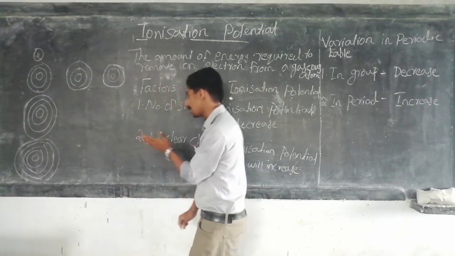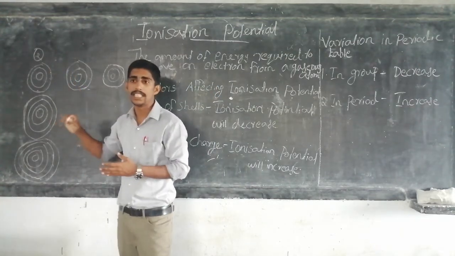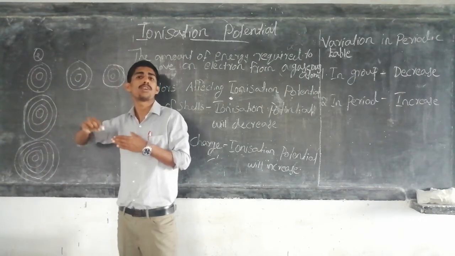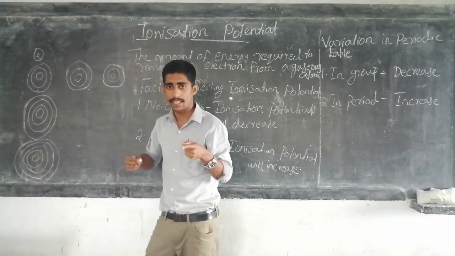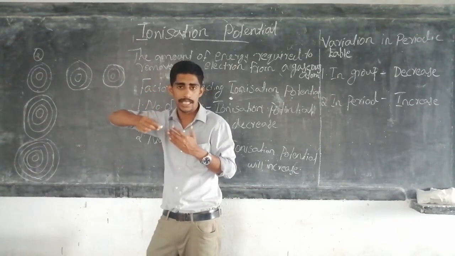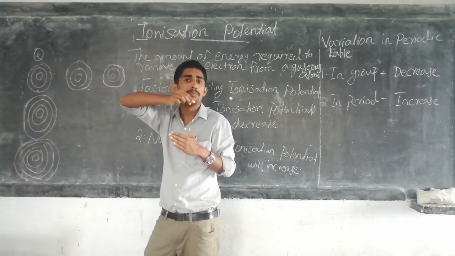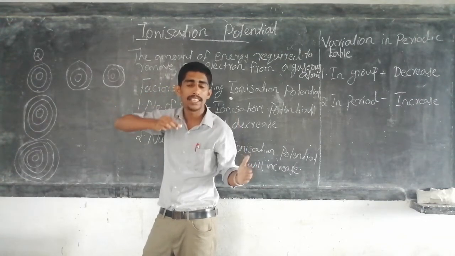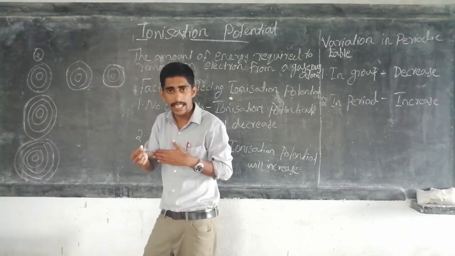Second factor is nuclear charge. If the nuclear charge increases, then the effect of the nucleus on the valence shell also will increase. So if the effect of the nucleus on the valence shell increases, then the attractive force between the nucleus and the valence shell electrons also will increase.